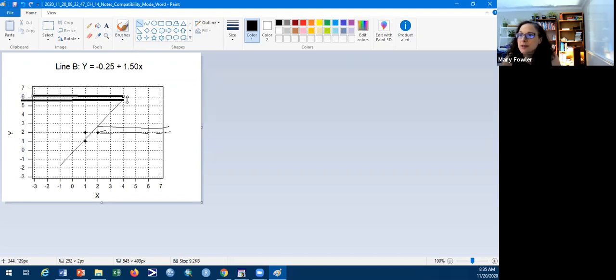So each of these points has a distance. Some of the points fall below and they have negative distances, and some of the points fall above and they have positive distances. But how well a line fits the points has to do with how we combine all of these distances.